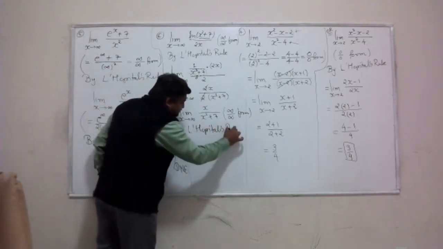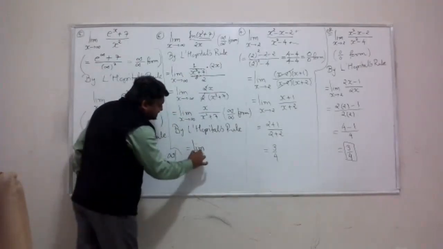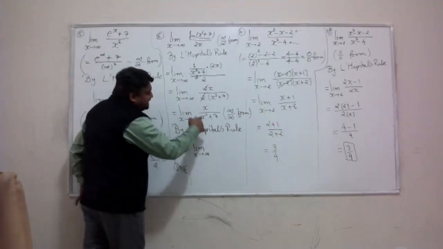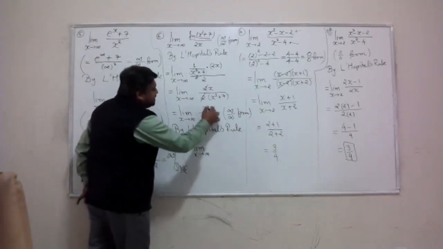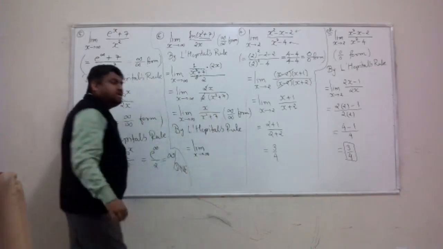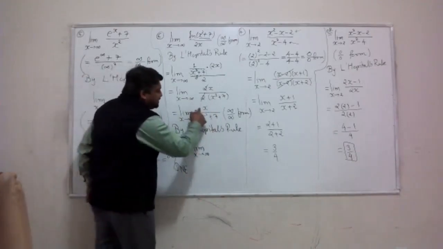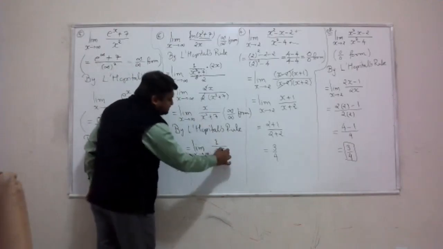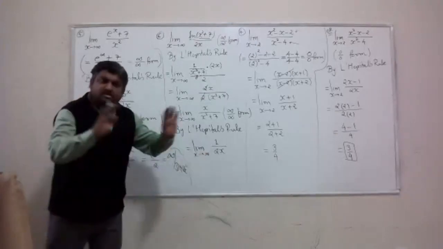Using L'Hopital's rule, we can say the following. Limit x approaches infinity of this function is really the same as limit x approaches infinity of the ratio of derivatives of the top and the bottom, right? Derivative of the top is 1, derivative of the bottom is 2x, right? Notice that the top is constant.